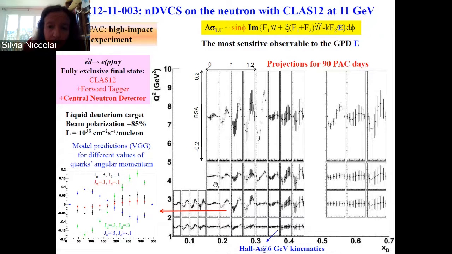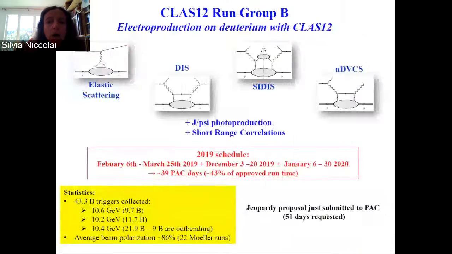Each of these rectangles is a phi distribution for a T-beam, and everything is plotted as a function of Q square and X. And this is the place where the 6 GeV measurements are, and this is the extent of the class 12 kinematic reach.